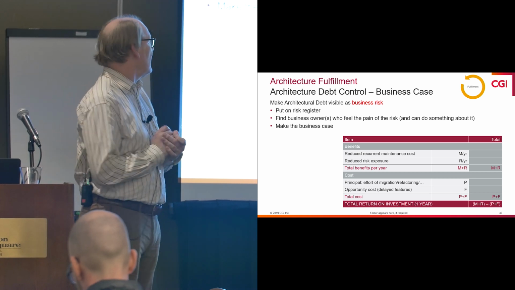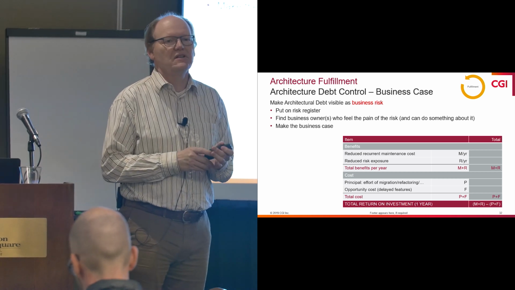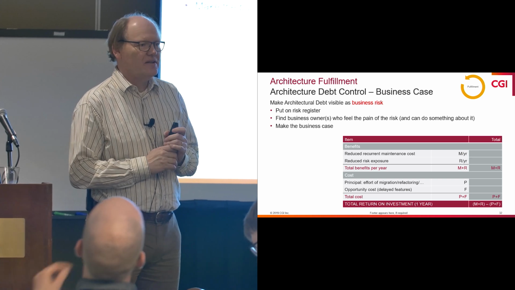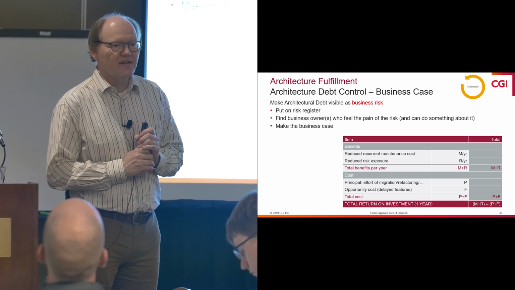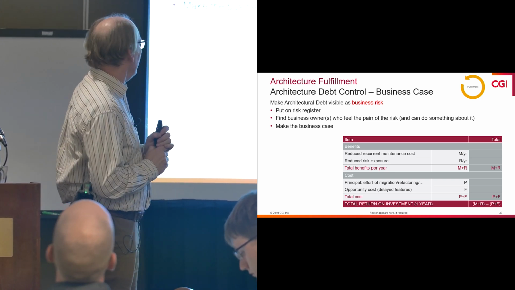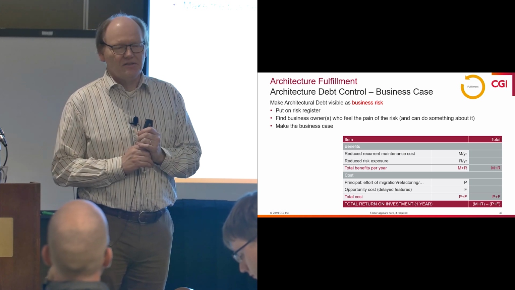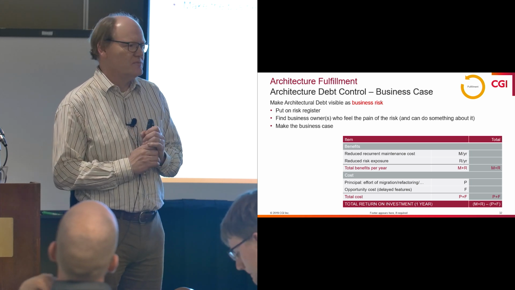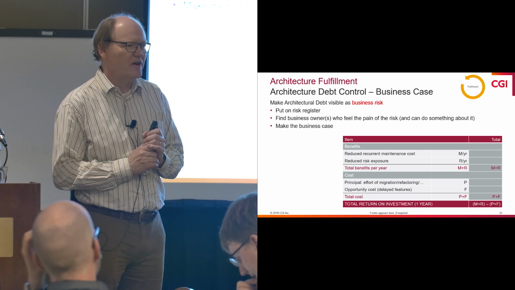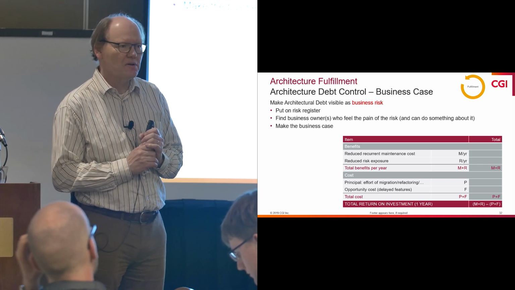It's about architectural debt. So what is architectural debt? Well, it is a form of technical debt. It is the most pernicious form of technical debt because it's not visible in the code.